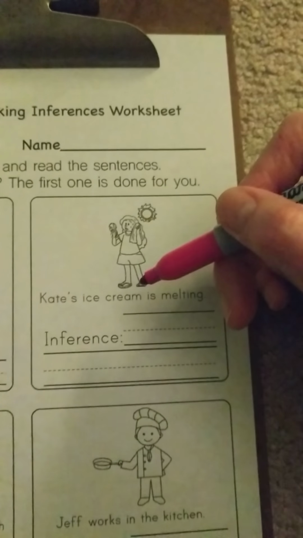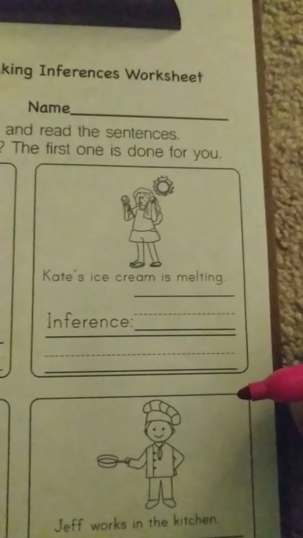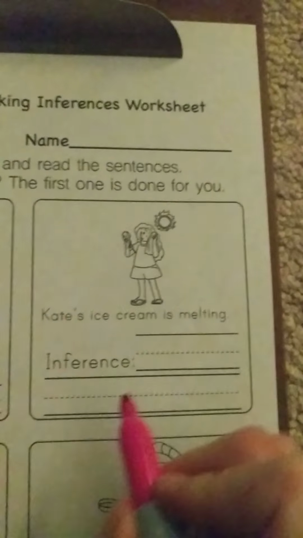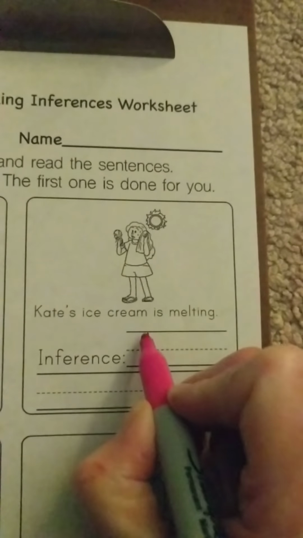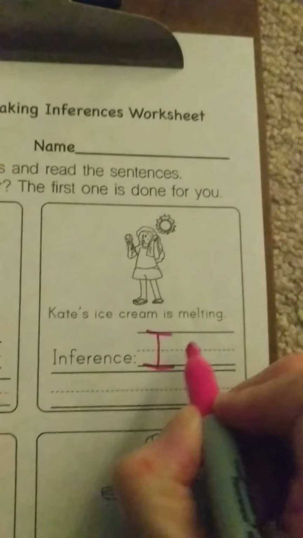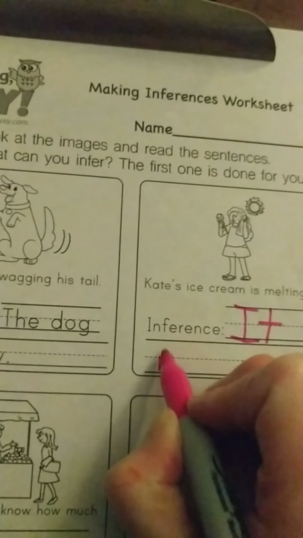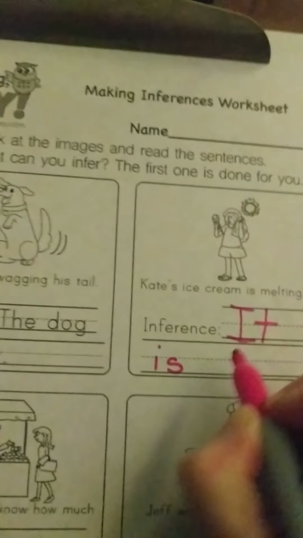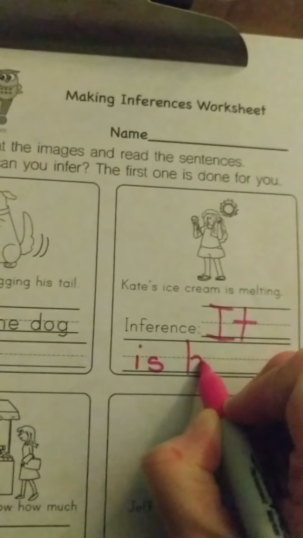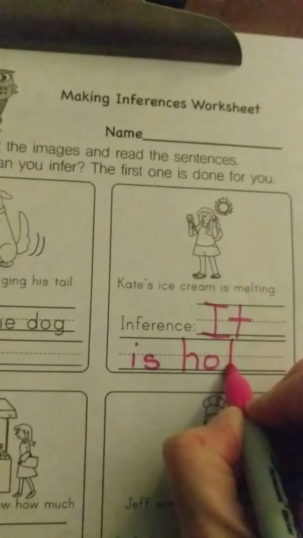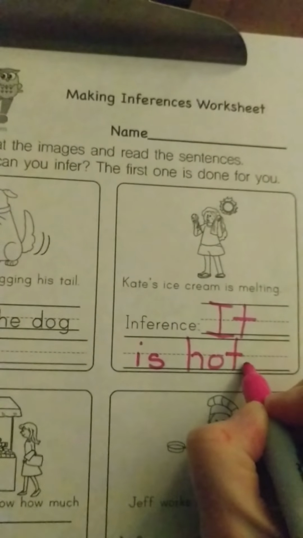So Katie's ice cream is melting, so it must mean that it is hot. So I'm going to write it, capital I, it is hot. And you can write this as well, or you can just watch, period.